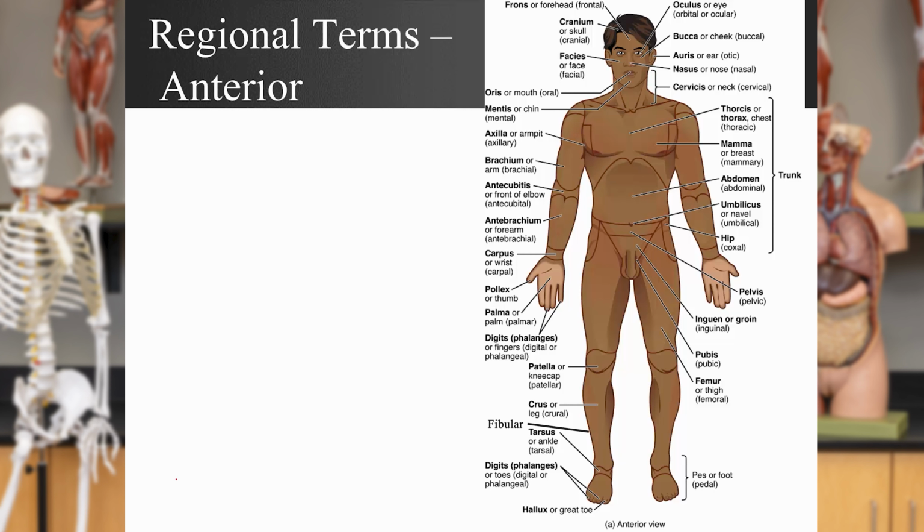The carpus or carpal is going to be your wrist region. Those 8 bones that are in your wrist are the carpal bones, hence why this is called the carpal region. You may have heard something similar like carpal tunnel syndrome that affects the wrist, which makes sense. You then have pollex. That's your thumb.